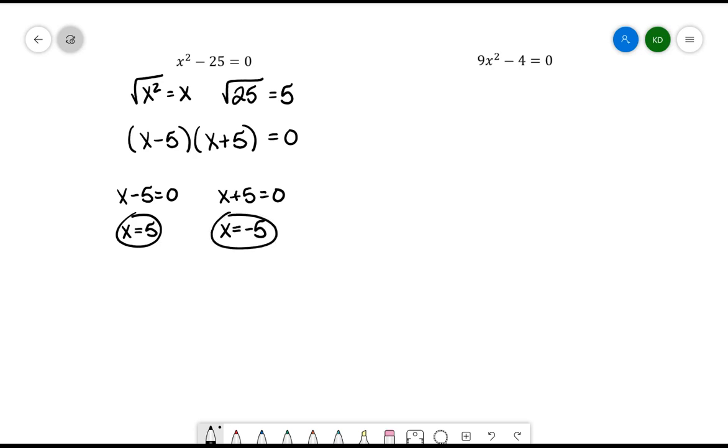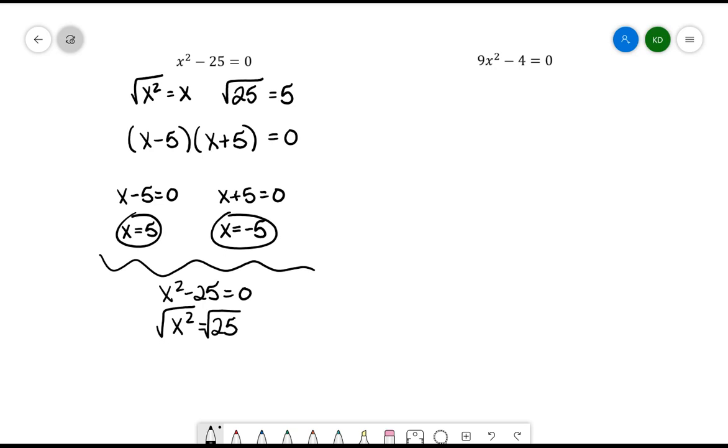Another way of solving this is just by trying to get x by itself. So if we have x squared minus 25 equals 0, another way that we can do this is by adding 25 to both sides, which gives us x squared equals 25. And then we can square root both sides. Where we have to be really careful is that when we square root both sides, what we have to remember is that x could actually be positive or negative, because a positive number squared is positive and a negative number squared is also positive.